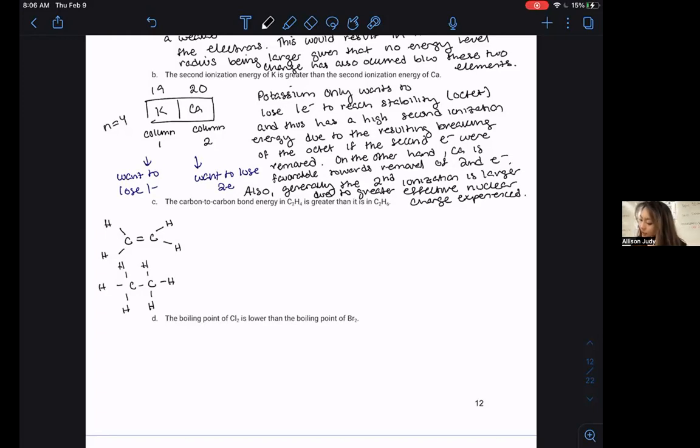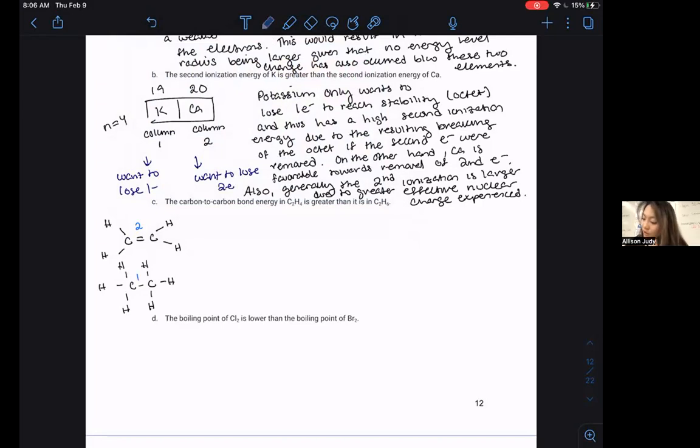So C2H4 has a double bond with a bond order of 2. And remember, double bonds tend to be shorter and stronger, whereas C2H6 or ethane has a bond order of 1 across the entire molecule.